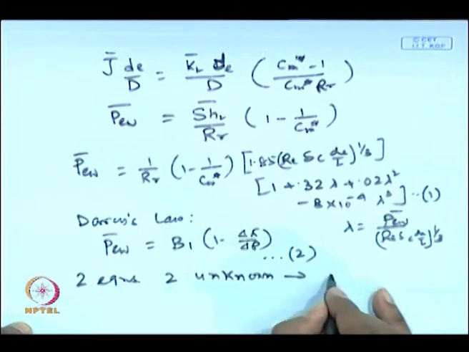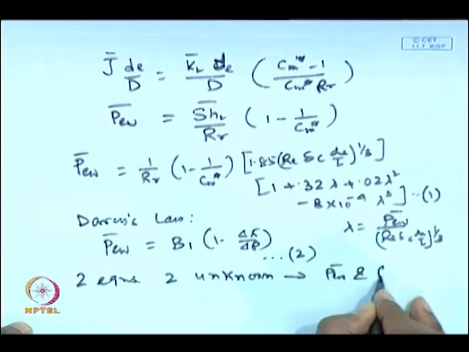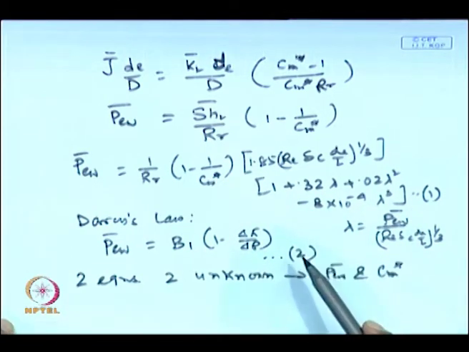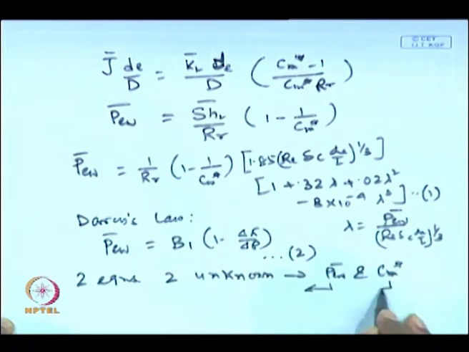What are the two unknowns? PW bar and Cm star. These two equations 1 and 2 will be simply solved, and one can get an estimate of length averaged permeate flux and non-dimensional length averaged membrane surface concentration. Once you know the non-dimensional membrane surface concentration, you will be in a position to get the permeate concentration as well.